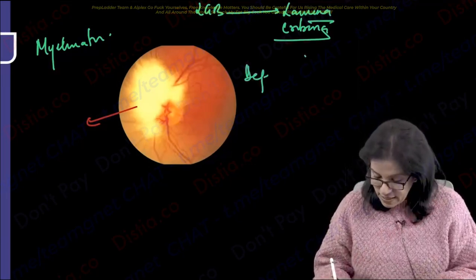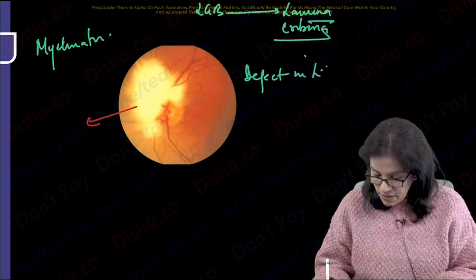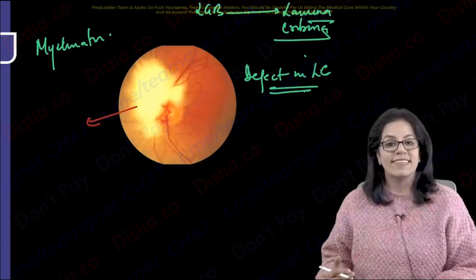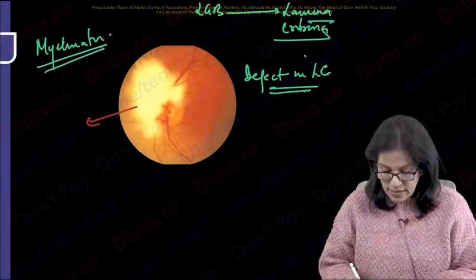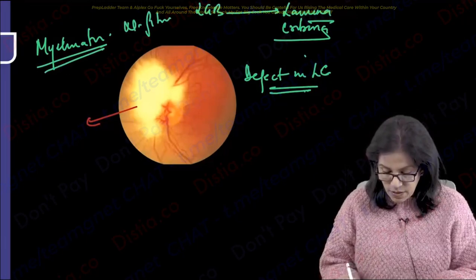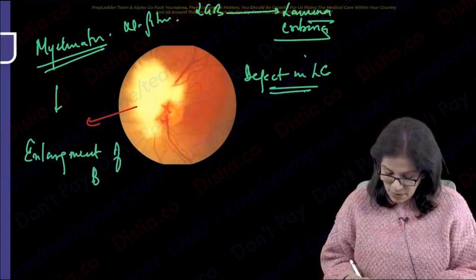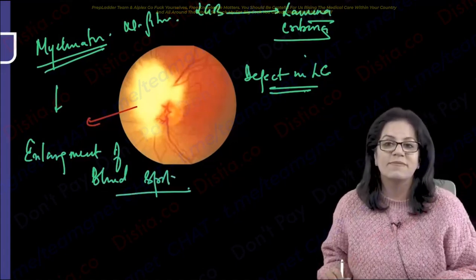Any defect in the lamina cribrosa will lead to this myelination coming anteriorly, visible in the fundus like this. This is what myelinated nerve fibers are, and it is one of the causes of enlargement of the blind spot. We have learned this.